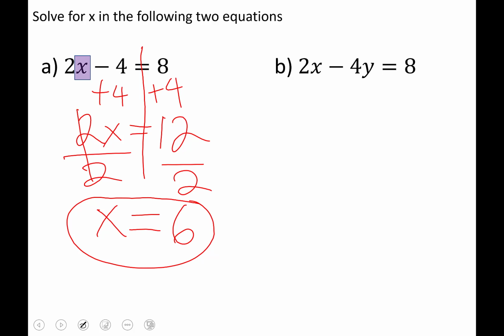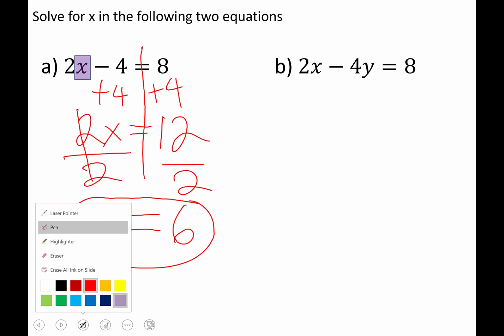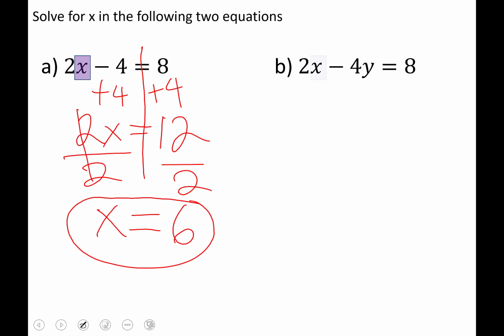Now I want you to pay attention to the steps I do when I solve this one over here. We're still isolating x, still solving for x. I'm going to work the same process, but this time I have to add 4y because the 4y is subtracting from the x.